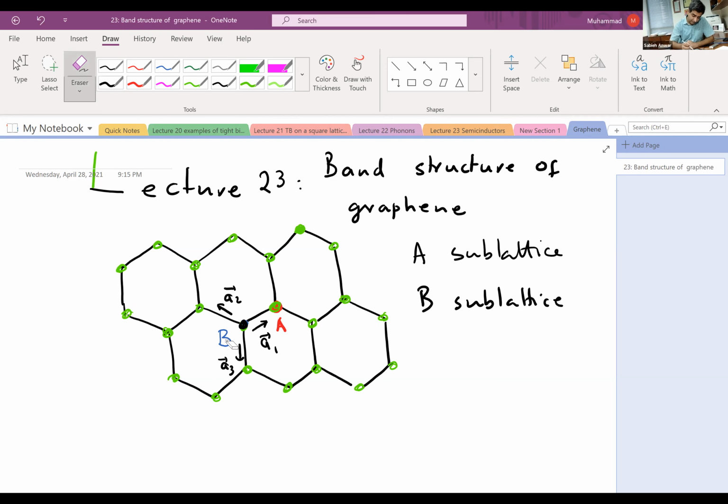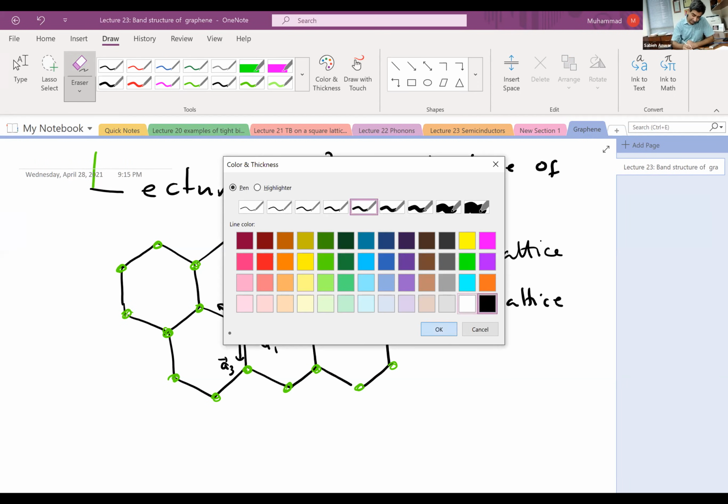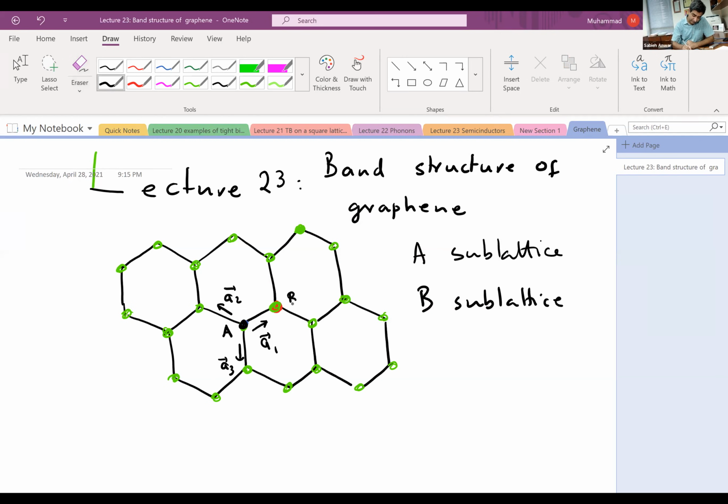And for the sake of compliance with my notes, let me call this atom A, and let me call this atom B. So A is surrounded by three neighboring carbon atoms, which are displaced by three position vectors A1, A2, and A3.